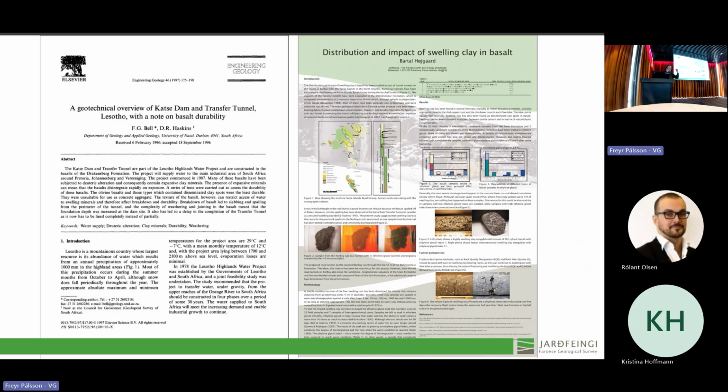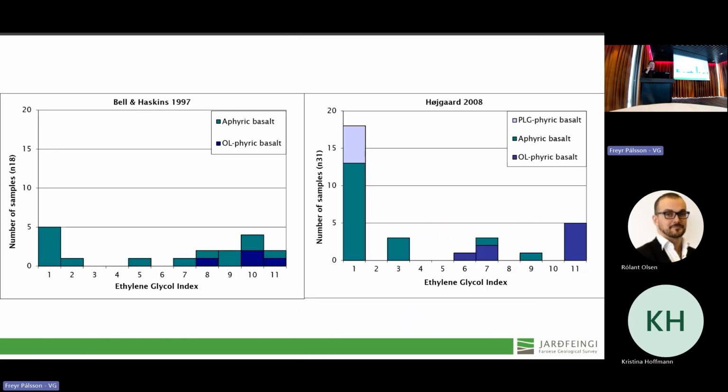They used this ethylene glycol test, and they had observed which kinds of basalts were most prone to disintegrate. On the right side, after the first year at Jarðfeingi, these were my initial results to compare with the South Africans. Actually, they only used 18 samples, 18 tests, and I had 31.